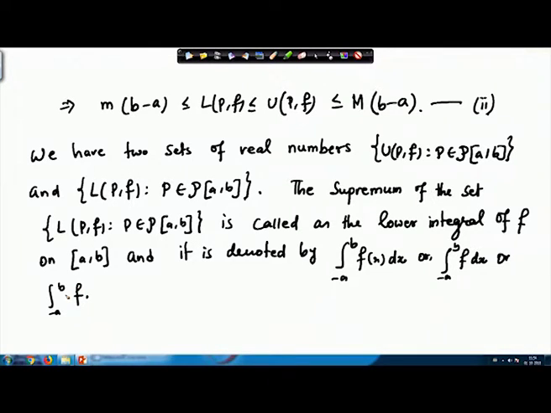Now that we have the lower integral, we can also define the upper integral. For the upper integral, let us go to the next page.